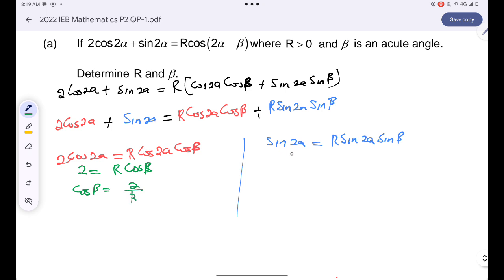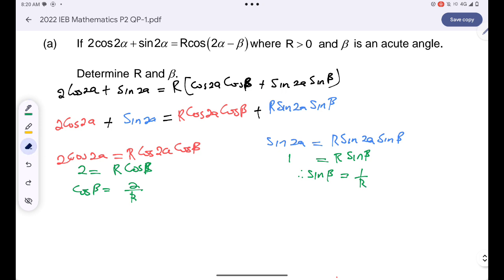And then on the other side, since a is not what you are looking for, you can take a as a constant term. We can divide both sides by sine 2a. Whenever we do that, I'll have 1 is equal to r sine beta. Therefore, sine of angle beta is 1 over r.